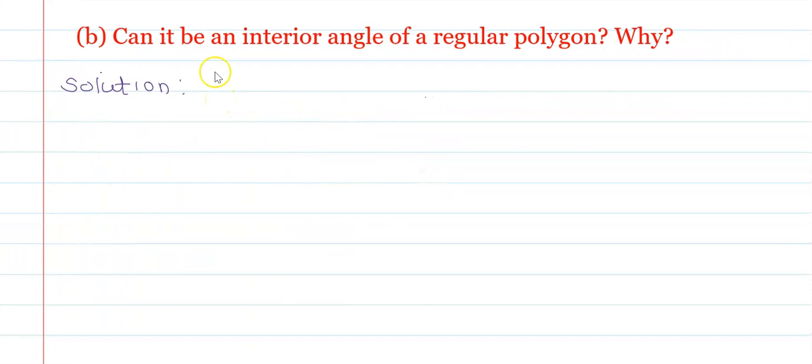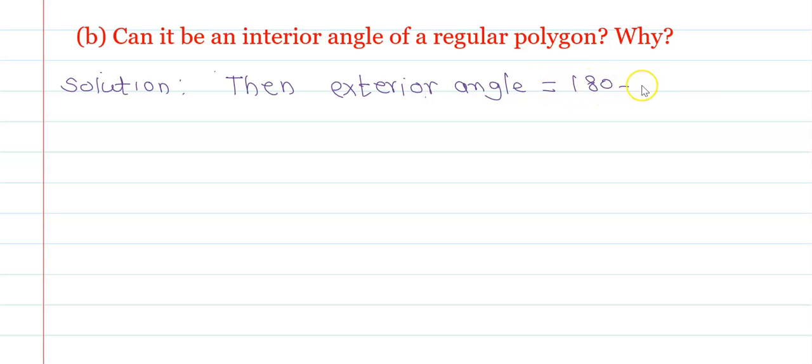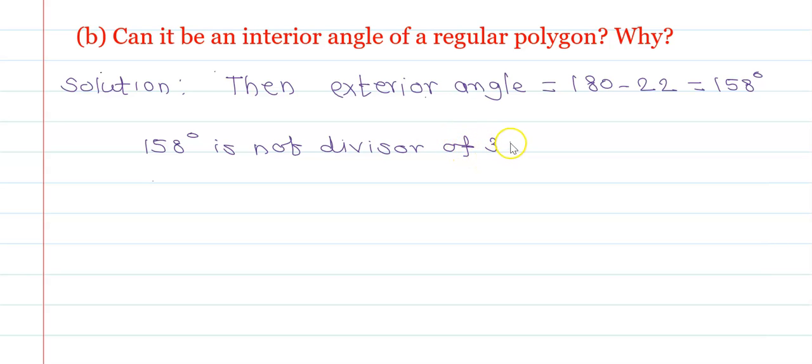Suppose 22 is the interior angle, then the exterior angle is equal to 180 minus 22, and that is equal to 158, and again 158 is the exterior angle, therefore 158 is not a divisor of 360.